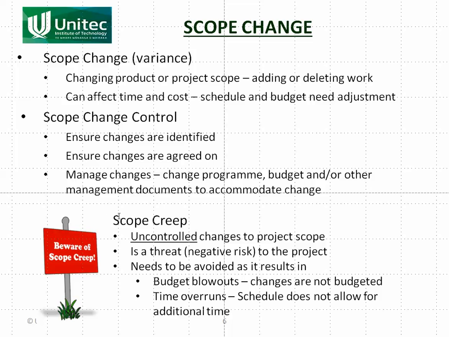Now the main problem is, as I said, the client is allowed to change things. That's his right. The problem is when it's uncontrolled. So scope creep is where it's an uncontrolled change. In other words, it happens and you don't do anything about it. You don't change the timetable, you don't change the program, you don't change the budget.